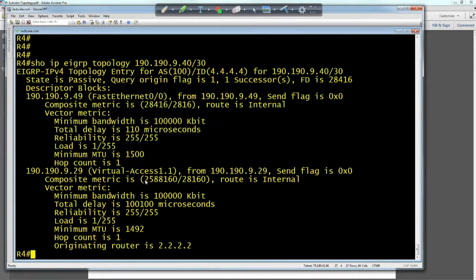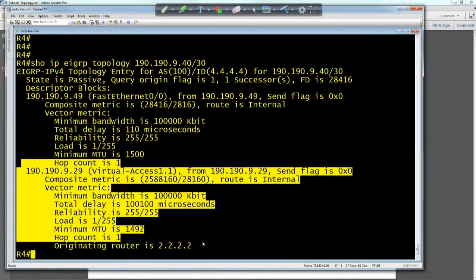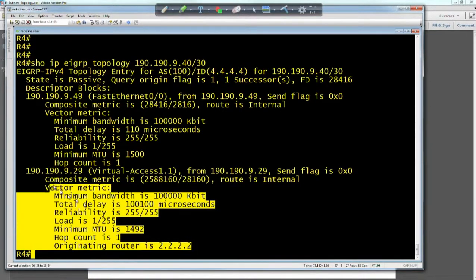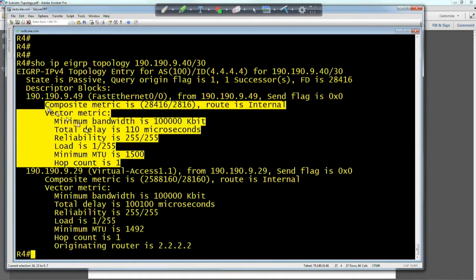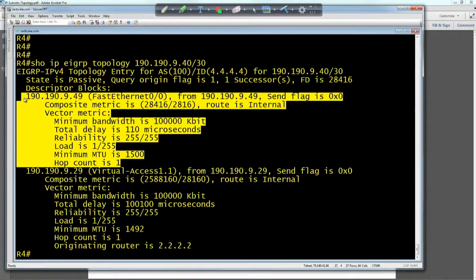And here's another one that's, whoa, look at that, 2,588,000. That is definitely a lot worse than the first one. So what we need to do is somehow make router 4 believe that this route here that I've highlighted is actually better than this route right here. So we could take two different approaches.